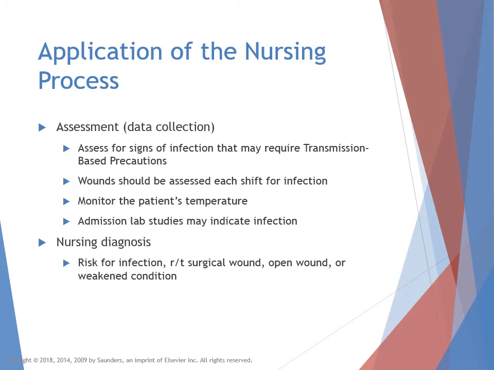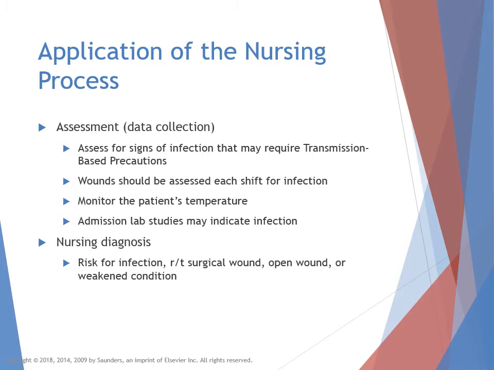Wounds should be assessed each shift for infection. Never let a shift end without seeing a patient's wound. If they have a wound and it's something that can be assessed, make sure that you assess it. In the past, we've mentioned if it's a patient right out of surgery, then the surgeon will take off that first dressing. But if it's a wound that can be assessed, make sure by the end of your shift that you've assessed it.